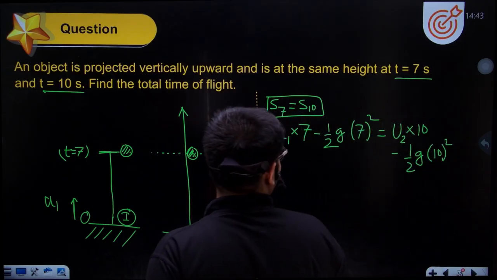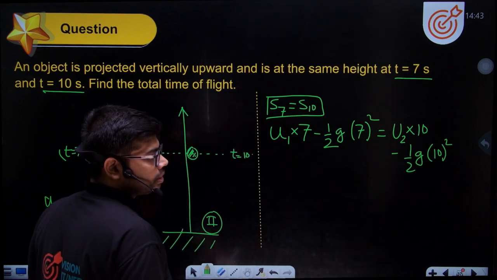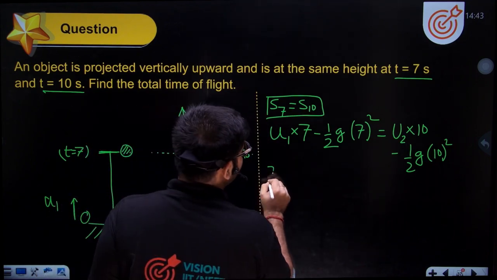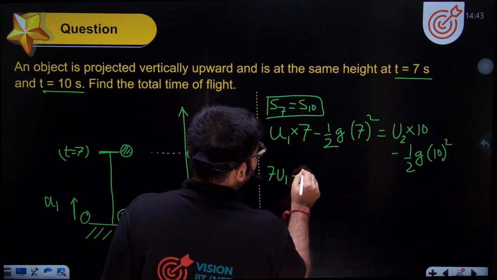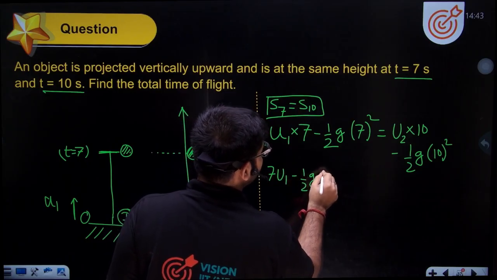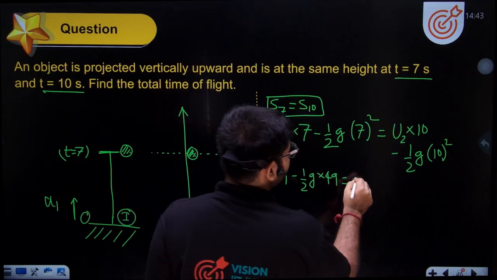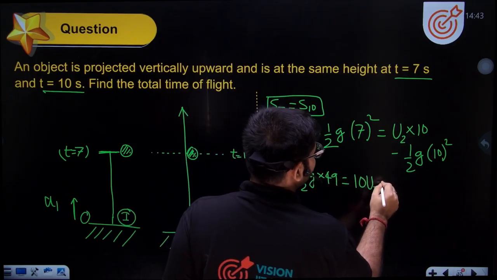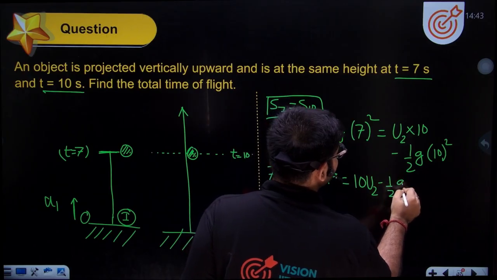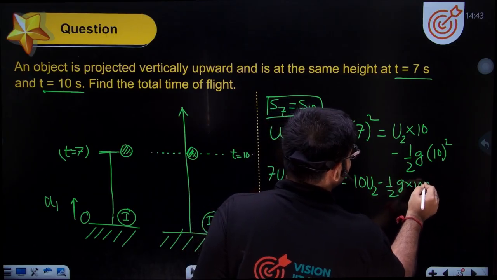So this is the equation I can write here. Okay. So 7 u1 minus half g into 49 is equal to 10 u2 minus half g into 100.